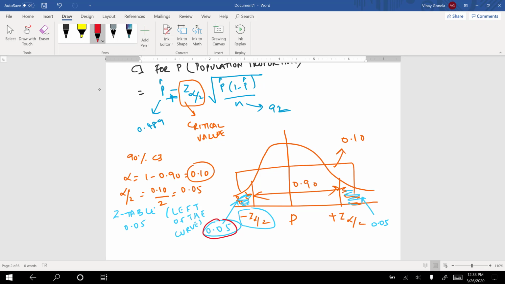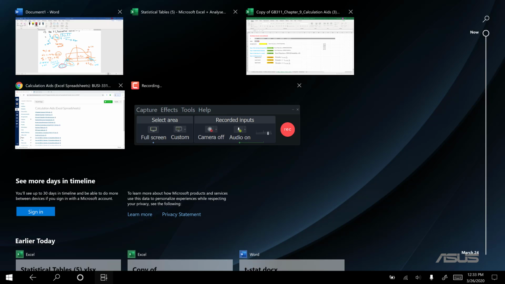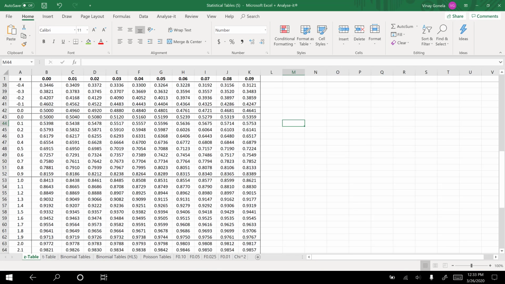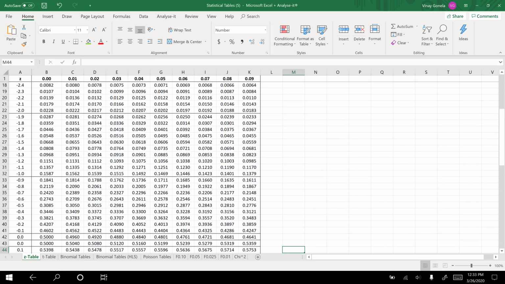So I will look for a probability of 0.05. So 0.05 would be either this or this, in between them, so I can take one of them.